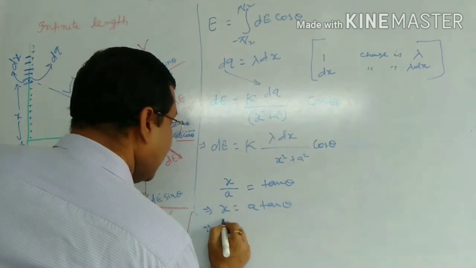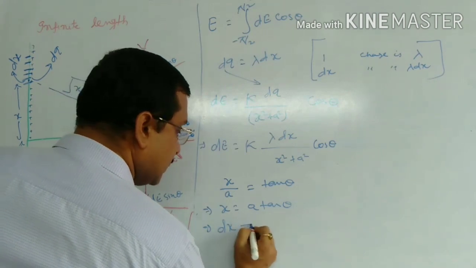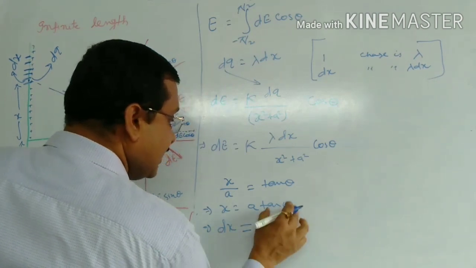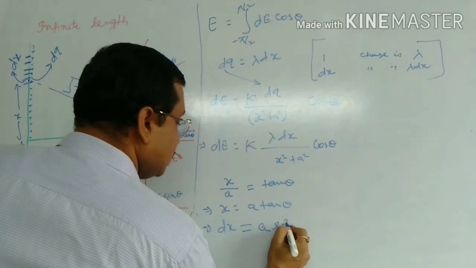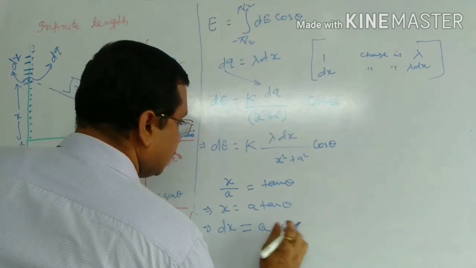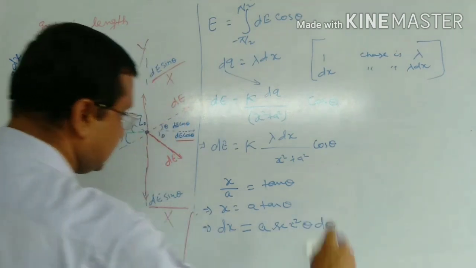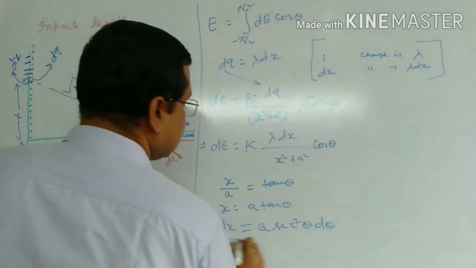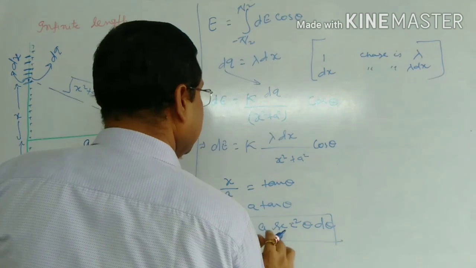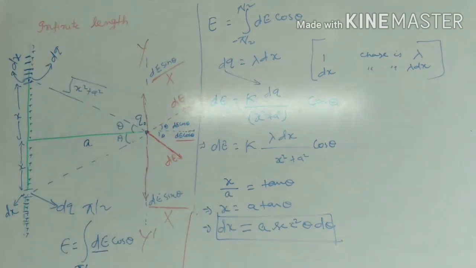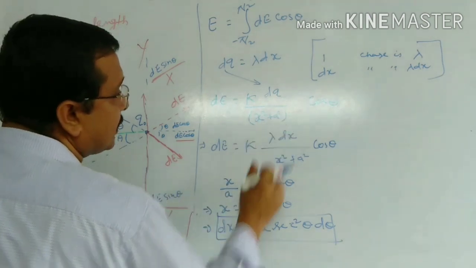Now differentiating both sides, what will happen? The differentiation of a tan theta is a sec square theta, and the differentiation of theta is d theta. So dx can be replaced by a sec square theta d theta. Now what is the value of x square plus a square?